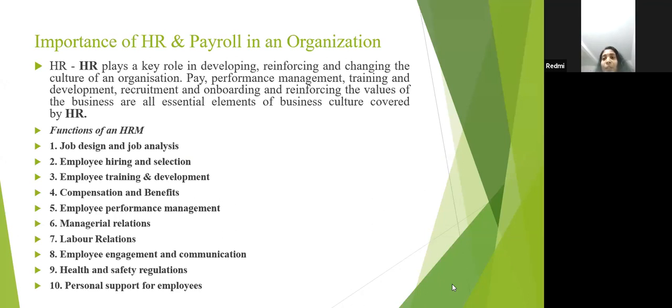Then comes employee hiring and selection. We can't avoid this in HR. That is the recruitment part. Recruitment is one of the primary functions of human resource management that all are aware of. HRM aims to obtain and retain qualified and efficient employees to achieve the goals and objectives of the company. It is quite an important thing in HR.